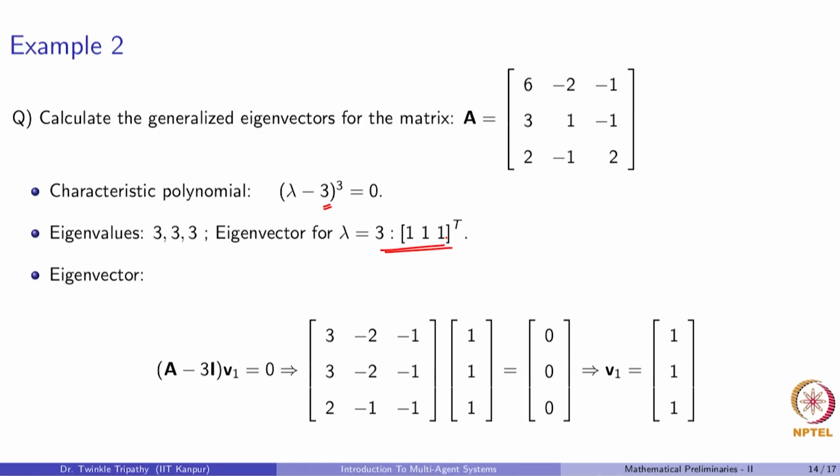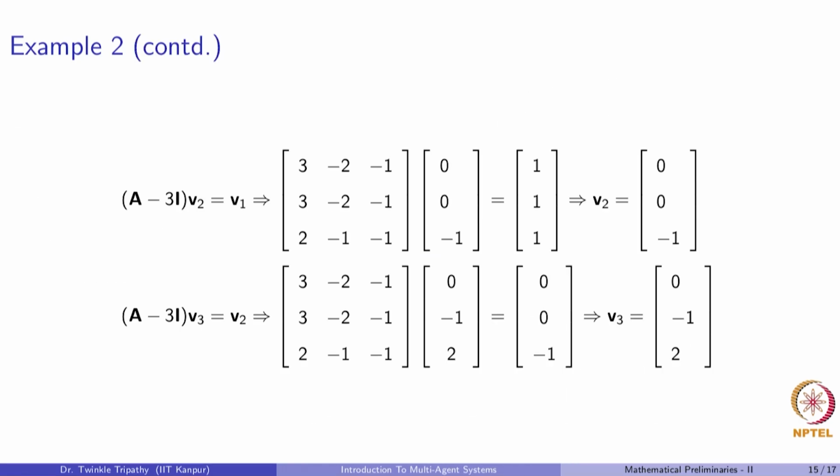So what do we do? We go on to calculate the generalized eigenvectors. The first step shows the process of calculating the ordinary eigenvector, which, as we wrote here, is equal to the vector containing all ones. Then we calculate the second eigenvector V2, which is now a generalized eigenvector. We know that it satisfies this property.